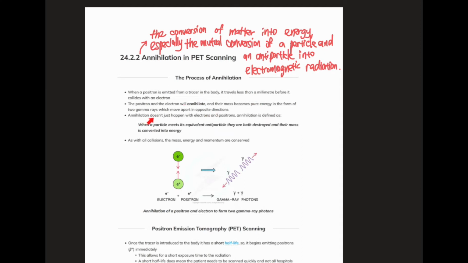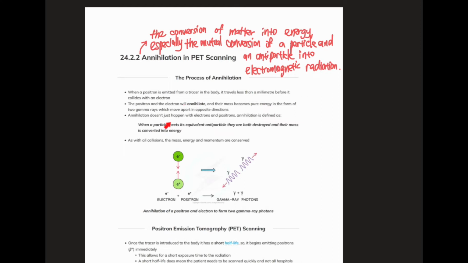Annihilation doesn't just happen with electrons and positrons. Annihilation is defined as when a particle meets its equivalent antiparticle, they are both destroyed and their mass is converted into energy. So this is the definition of annihilation.